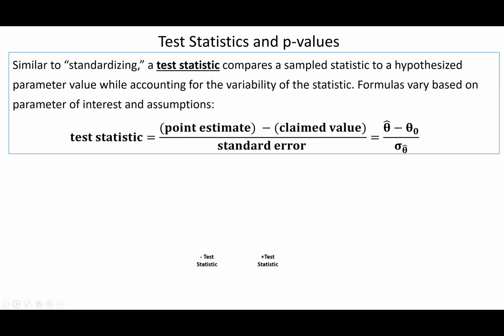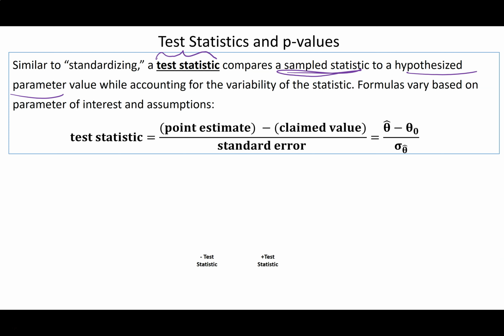So similar to standardizing, it's going to be really similar to when we were calculating z-scores. A test statistic, and this is a generic phrase, you can have a z test statistic, you can have a t test statistic, and so on. It compares what we saw in our sample, so this might be a sample mean, to a hypothesized, our null, parameter value, so whatever's claimed.